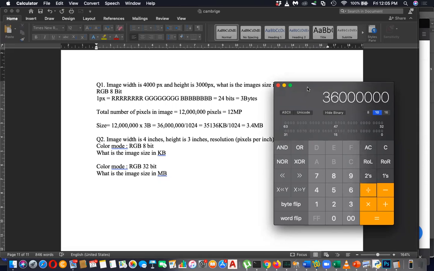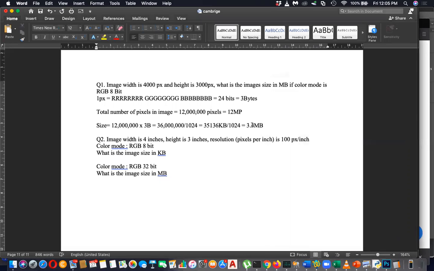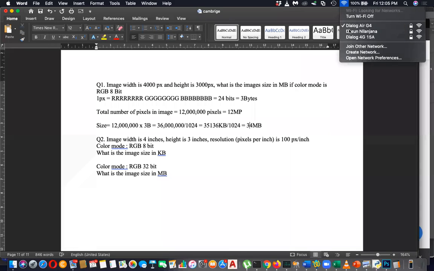You have to divide by 1024, and again divide by 1024, which is 34. It's 34 megabytes. Clear? Clear on this? Clear on the calculation?